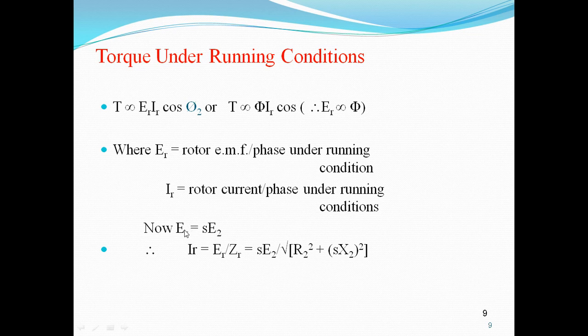If the running condition is given, we have to use Er equal to sE2, Ir equal to Er by Zr, that is sE2 by square root of R2 square plus (sX2) square. We have to substitute the Er value and Ir value in this torque equation.